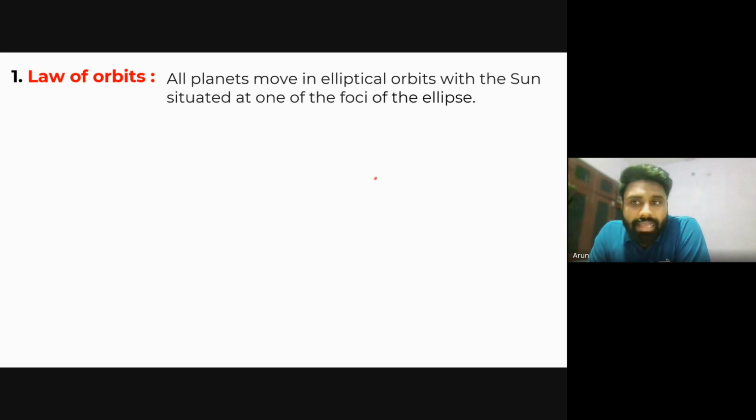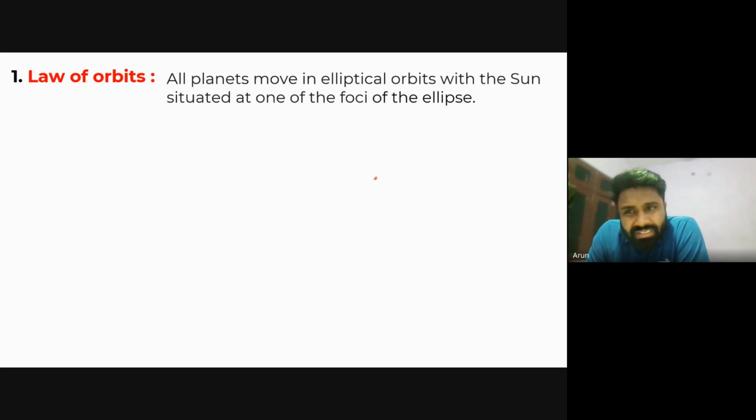But Tycho Brahe added one more spicy thing to that, which is that the sun is also not fixed. The Sun is also revolving around the Earth. Okay.